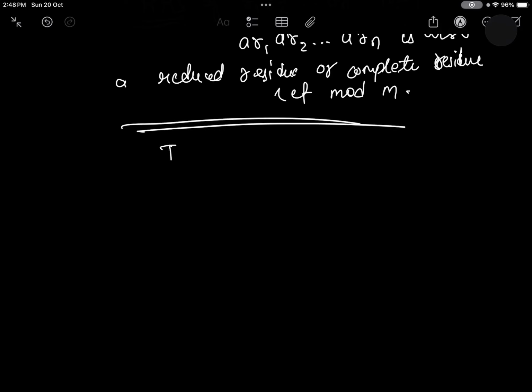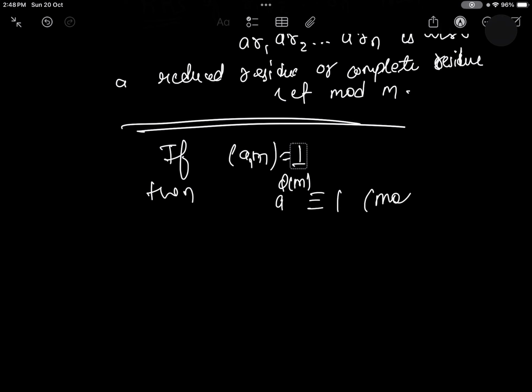Okay, so this is the final definition, and now let's look at our theorem. The theorem states that if the GCD of A and M is 1, then this condition is satisfied: A raised to the totient of M is congruent to 1 mod M. Now, how do we prove it?